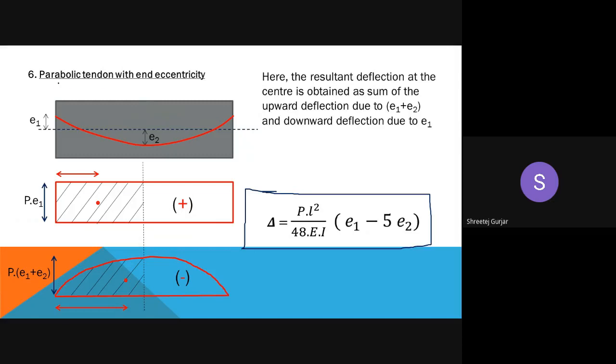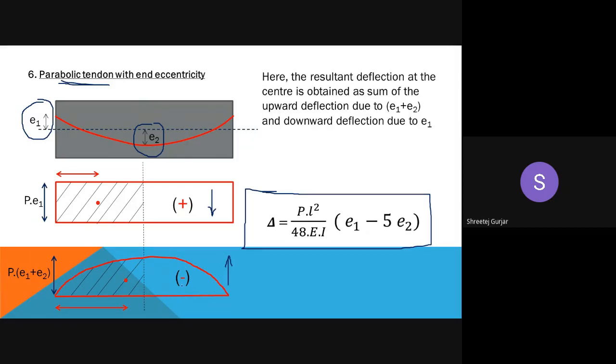So when you have a parabolic tendon with eccentricity at the support, a parabolic cable having central eccentricity E2 and also a support eccentricity E1, it will have two kinds of bending moment diagram. This is due to downward deflection due to E1, and this is due to upward deflection caused by E1 plus E2.